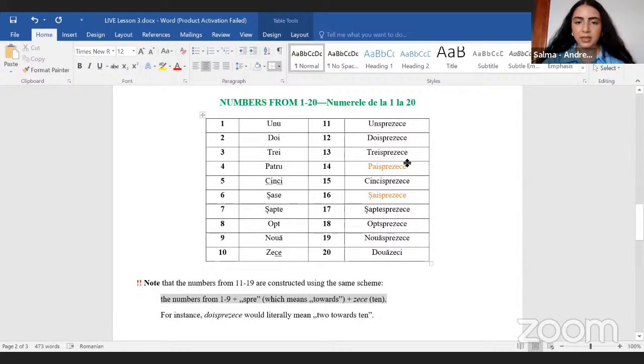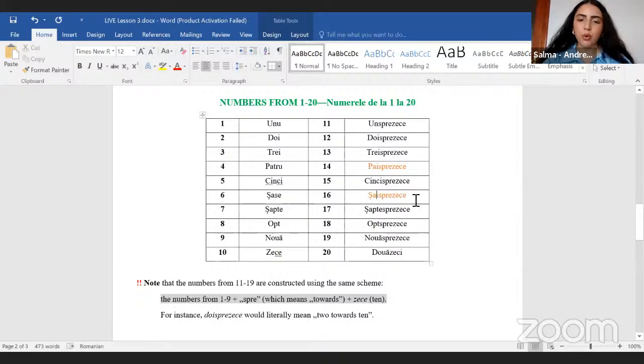Let's look at the other one. 3 spre 10. I've marked here 14 and 16. Why? Because they are a little bit different. We don't have patru as number 4 here; we have 14. And the same thing goes with 16. We don't have 6 here as number 6; we have 16.